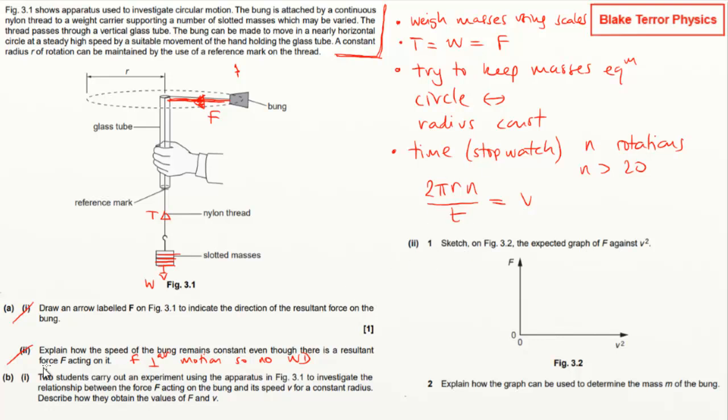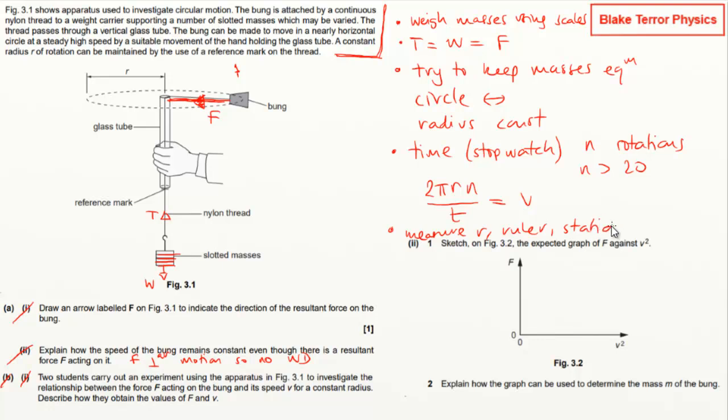So we're doing all the usual stuff. The things that we're measuring, oh, we need to measure r as well. So that's another thing we have to put in. Measure r using a ruler when it's stationary.